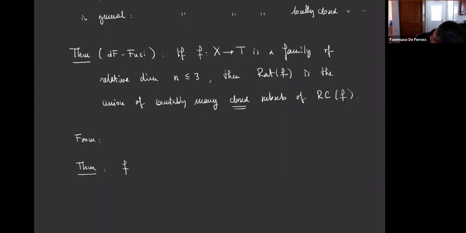Suppose I have f as before, a family of relative dimension at most 3, over a smooth curve.